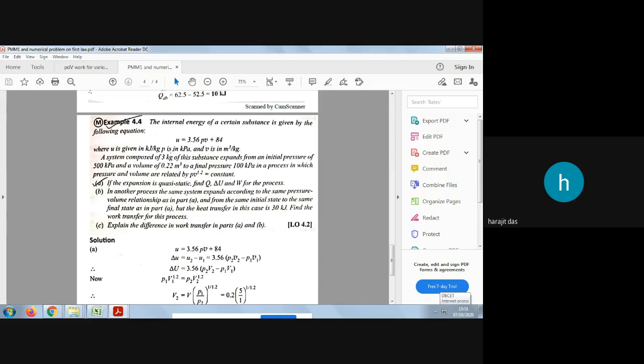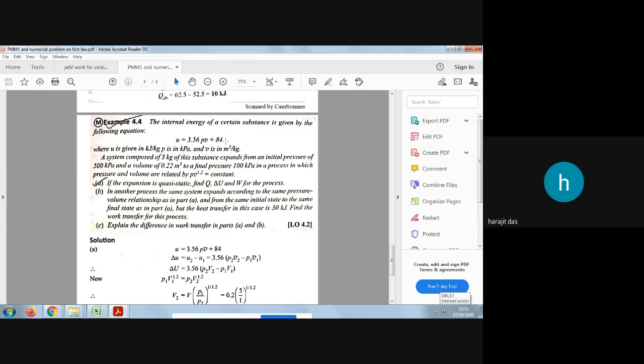For energy, we will be using the term capital E, but for internal energy, we will be using the term capital U. But here it is specific internal energy. That is why this equation is given by small u, equal to 3.56 times pressure multiplied by specific volume v, plus 84. Capital V is volume, small v is specific volume.